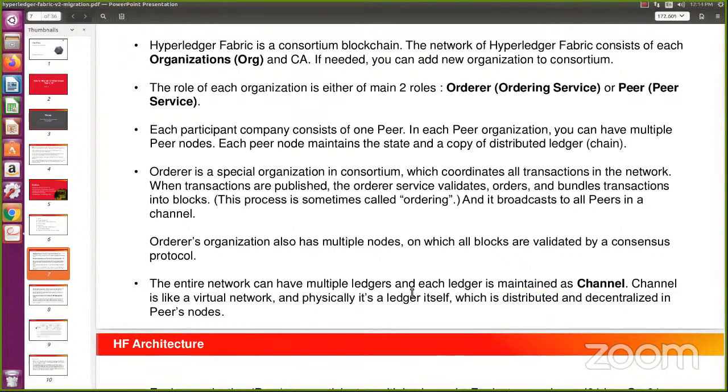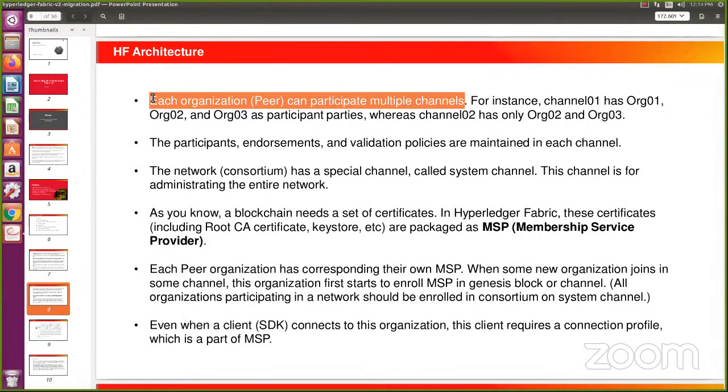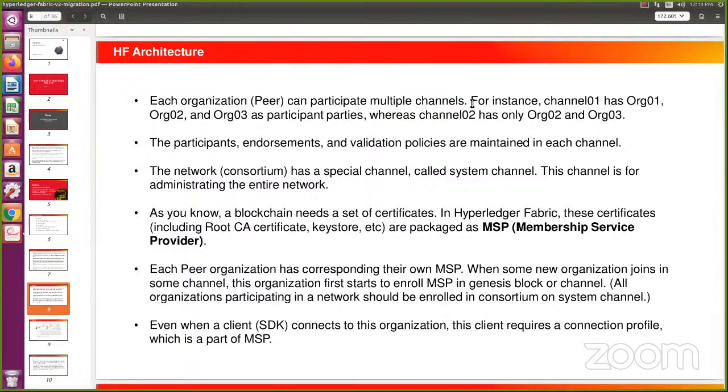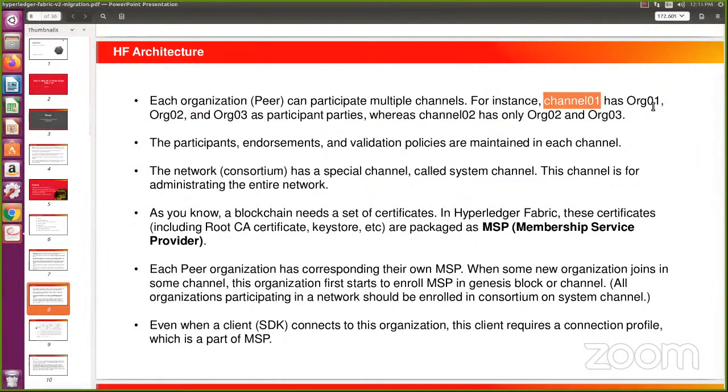A little more on the architecture of Fabric: each organization can participate in multiple channels. For example, we can have channel 1, which has organizations 0, 1, 2, and 3 as participants, and channel 2, which has just these two. If you look at it as private data, on this channel three organizations can exchange data, and they can have their own endorsement policies.